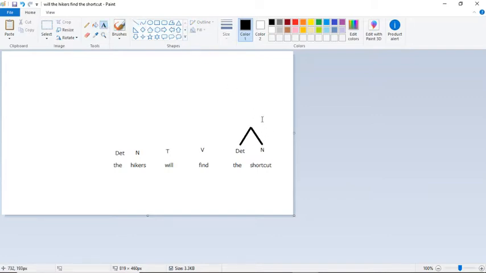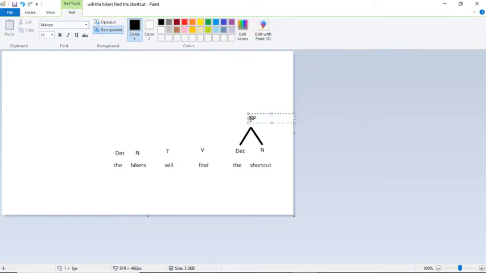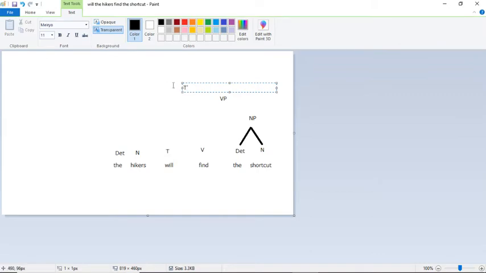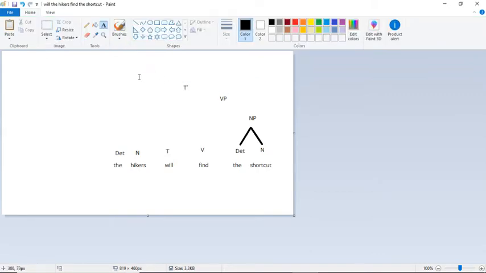This is going to be a noun phrase here. This is going to be a verb phrase up here. I'm going to have a T-bar up here. I'm going to run out of space. I'm going to bring this down a little bit. T-bar, and I've got my TP. I'm going to drag it over here a little bit. I'll show you why I'm going to do that in a second. This is going to be a noun phrase down here. Okay, let's just join all these up.